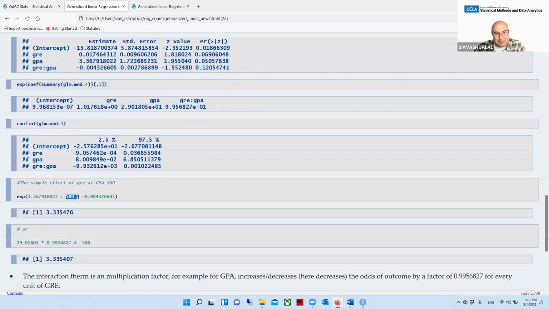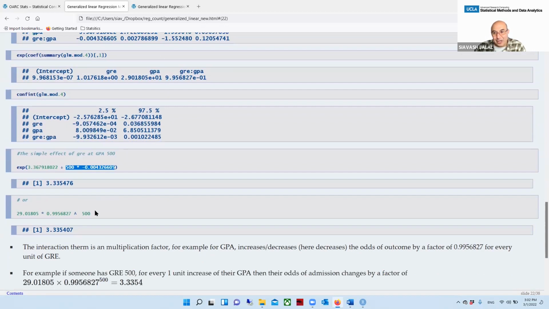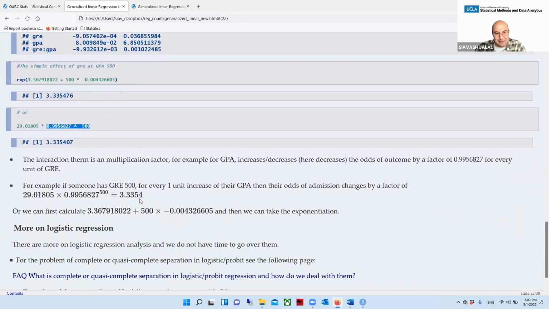First you multiply that interaction by 500, then you exponentiate the value, and you get this simple effect. Another way is to raise it to the power 500. That's another way to get that simple effect.